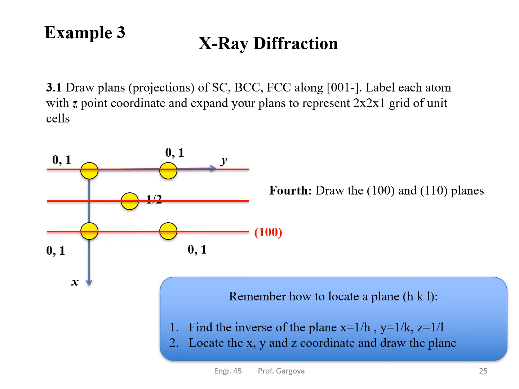Now, this is basically the family of planes for BCC. In order for BCC to show some diffraction spectra for these planes, the sum of H, K, and L has to equal an even number. For 1, 0, 0, that's not the case.